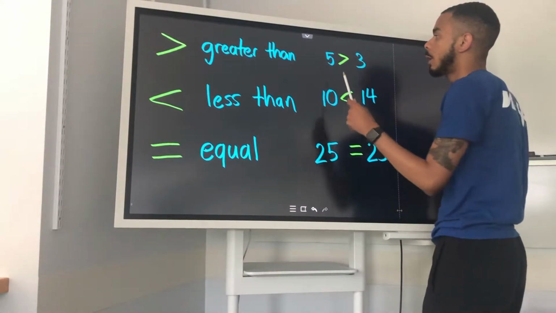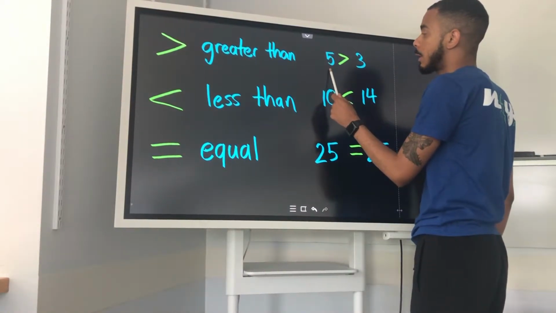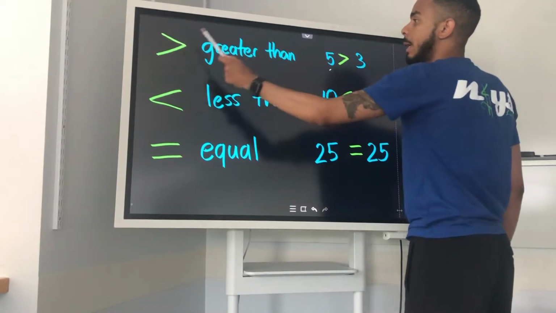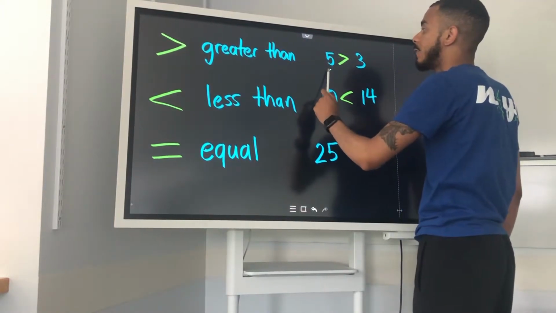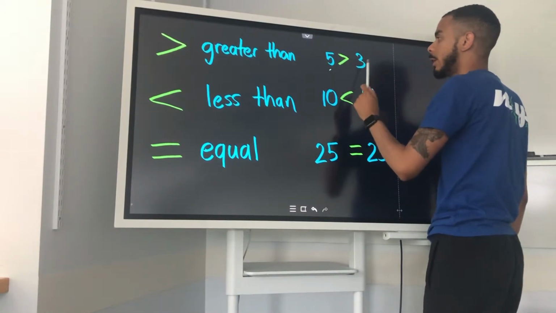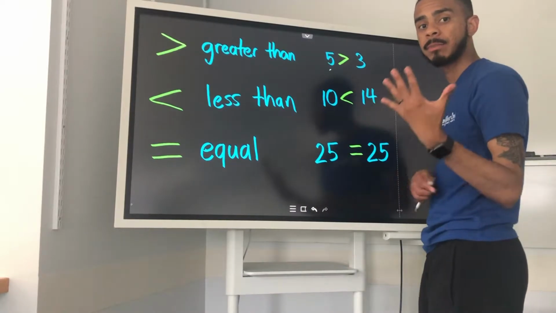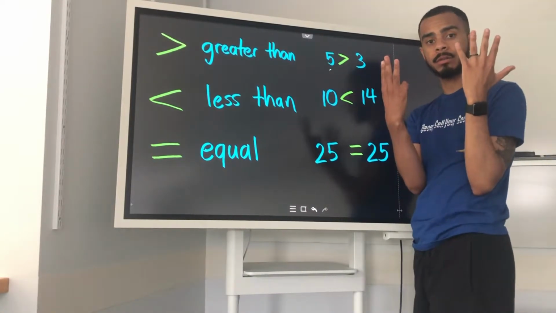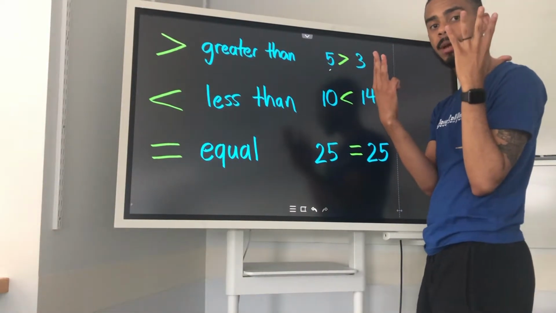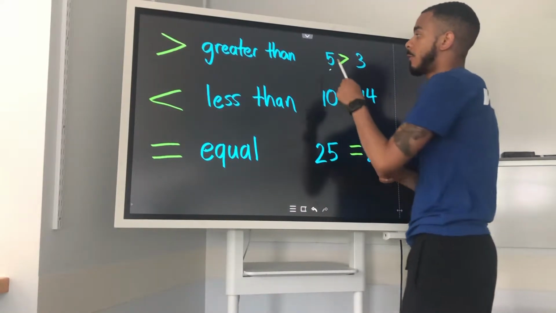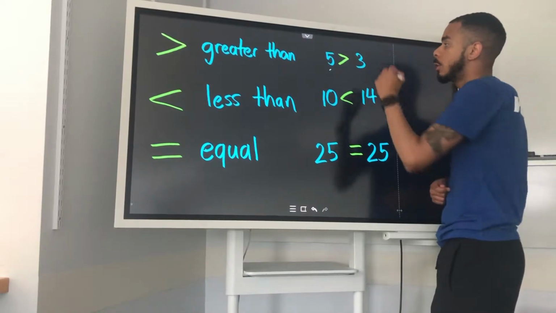I go 5 is greater than, see how that's the same symbol? 5 is greater than 3. That's a true statement because 5 is more than 3. I have more fingers up for 5 than I have for 3, right? So 5 is greater than 3, so we know that's right.